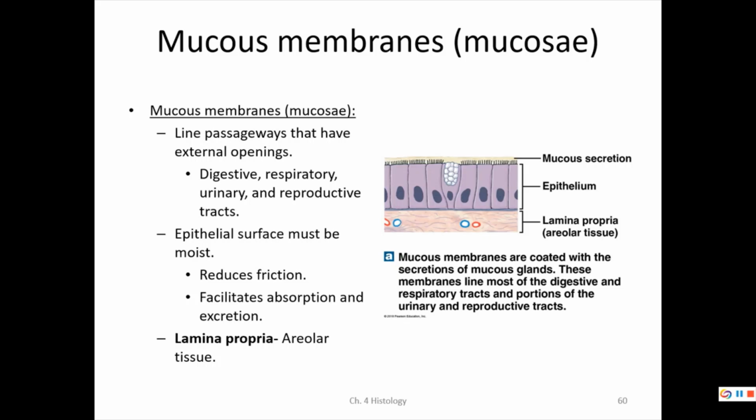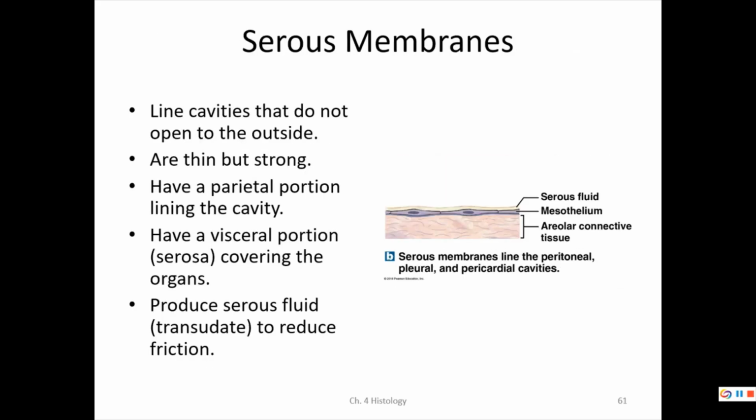So there is a moistness to it, which to keep it moist is the mucus that's secreted on it to help facilitate things like absorption and stuff like that. So these are places to help me absorb gases, things like that, or absorb other materials, digestive juices, things like that, reproductive. And there is what's called a lamina propria called areolar tissue, which that's just the connective tissue that supports the epithelium.